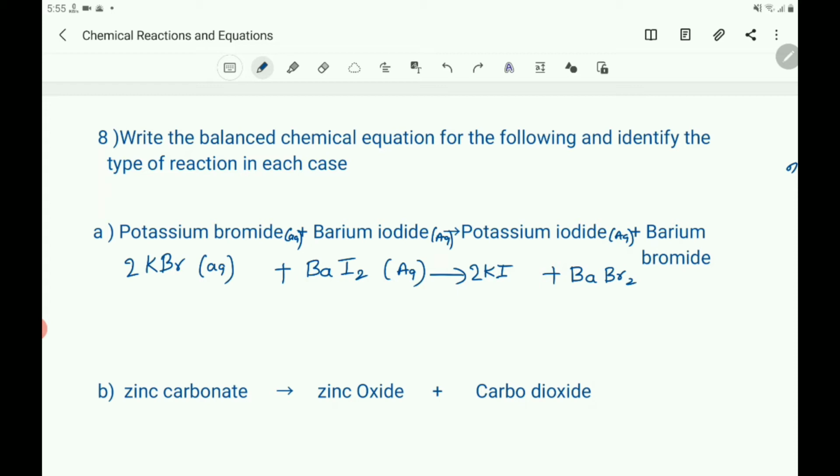As the displacement is there, we can say that here the group of atoms or ions are exchanged. Therefore, you can say that it is a double displacement reaction. Type of reaction here: double displacement chemical reaction.